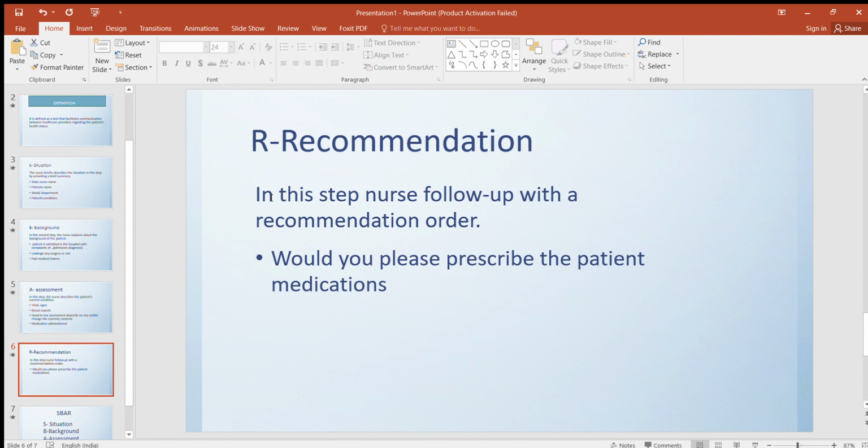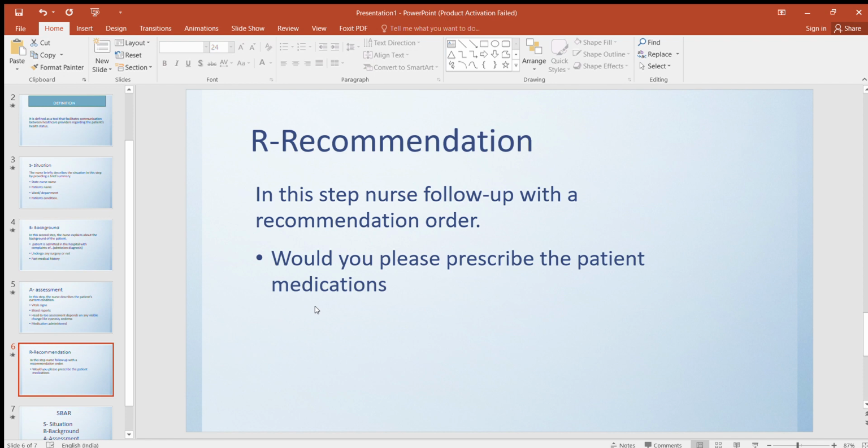So the next one is R. R means recommendation. In this step, the nurse follows up with the recommendation order. Like when the nurse is changing shift, she has to hand over the nursing report to the other nurse who is joining the shift.